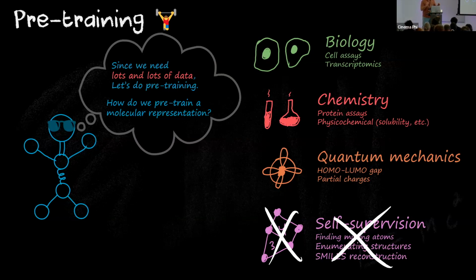By just learning to find the missing words, you inherently learn the definition of words and the context in which words are put. So with self-supervision on graphs, you don't really learn anything about the physics, the biology, and the chemistry, which are really the things that drive the chemistry. It doesn't mean that it's not useful. It can be used for pre-training, for example, to get your graph neural network to first understand the structure, but then you need a way to have it understand biology, chemistry, and physics if you really want that to work.